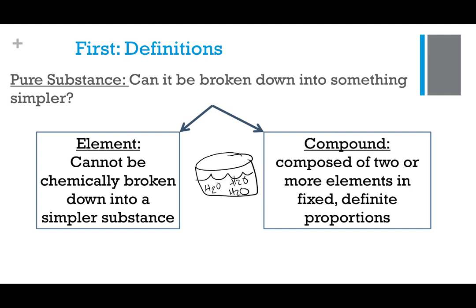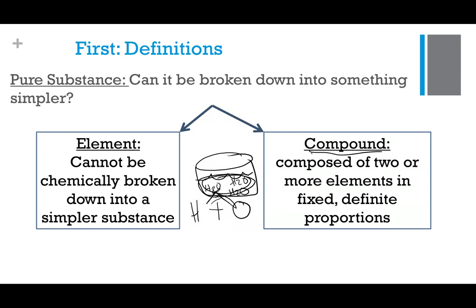So just a bunch of H2O particles. Can I break H2O down into something simpler? Well, yeah, I could do some magical chemistry and break that down into hydrogen atoms and oxygen atoms. So pure substance, there's only 1 type of particle present. Compound, I could break that particle into hydrogens and oxygens. So that's an example of a compound.